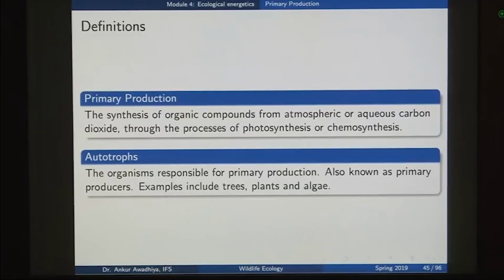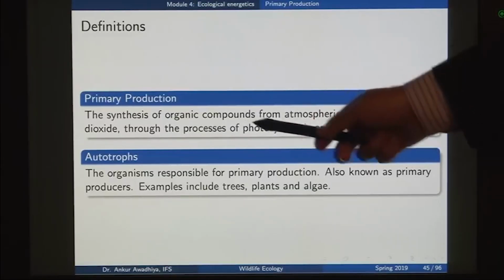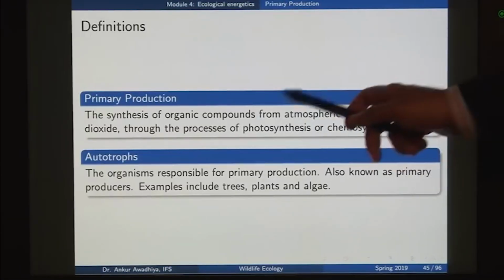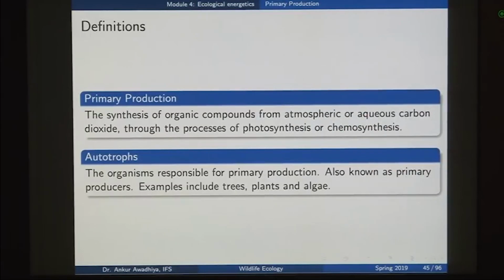So, primary production is the synthesis of organic compounds from atmospheric or aqueous carbon dioxide. Atmospheric carbon dioxide is used by photoautotrophs that are exposed to the air. Those chemoautotrophs that are not exposed to the air, but are residing in an aqueous environment, a water environment, use the aqueous carbon dioxide.